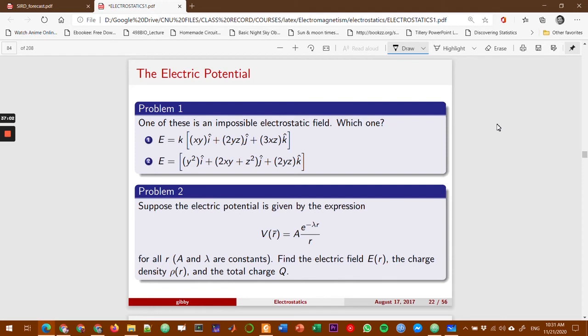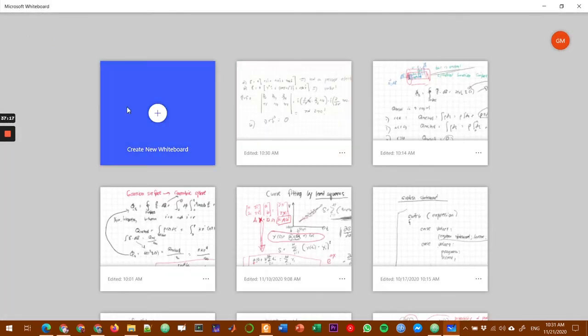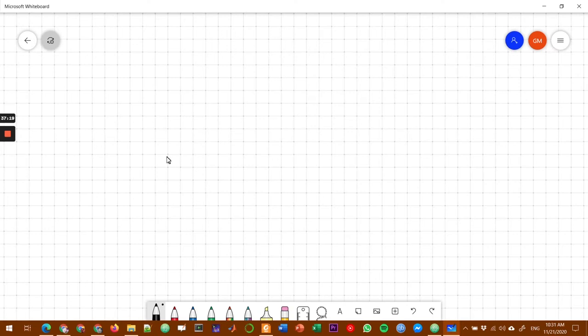We have a formula that we can use. Our formula is just, given the potential, we can get the electric field.